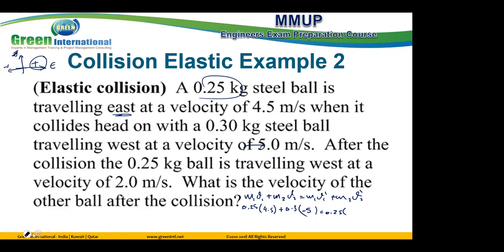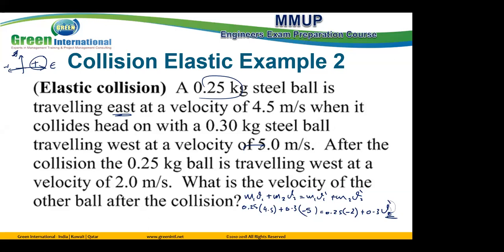So this is V2 dash, -2 because west, correct? The required one is V2 dash. One equation, one step, you can get V2. Very easy problem. Sign is the trick for this problem. Only that.